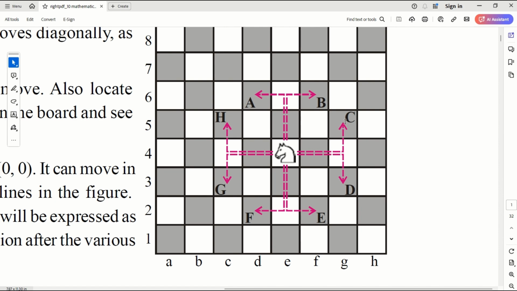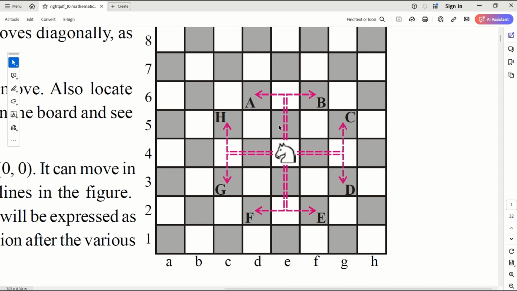So C is 2, comma 1, and D is 2, comma -1. Similarly E is 1, comma -2 and F is -1, comma -2, then G is -2, comma -1 and H is -2, comma 1. So these are the coordinates of A, B, C, D, E, F, G, H.